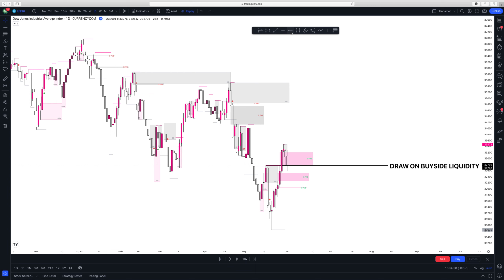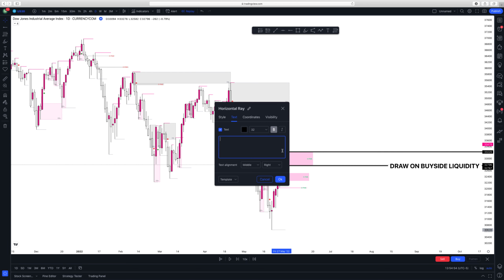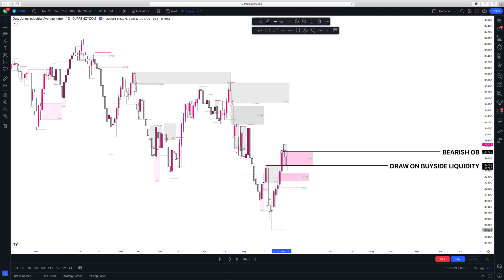I see step 2 here. I see a bearish order block has formed. So now I'm going to be looking for step 3. Step 3 is I want to see a bearish fair value gap to be wanting to enter in for sells.